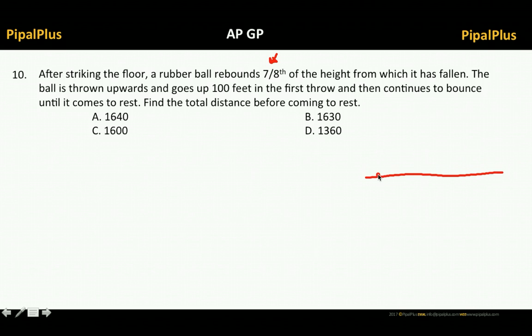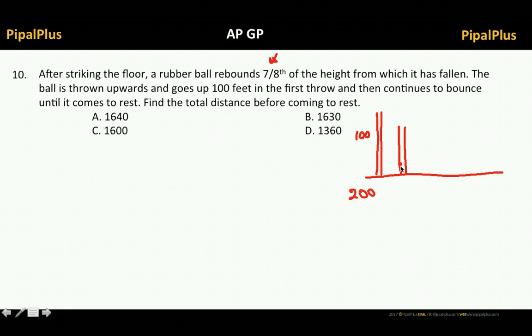So let's draw this to understand this a little bit better. Let's say the first time around this ball is thrown up, and it goes all the way 100 feet. Now it travels this 100 feet and then it comes down all the way 100 feet. So basically in its first throw up, the ball has covered 200 feet. Now because it has fallen by 100 feet and it bounces back up, it bounces back up to 7 by 8 of its previous height, which is 100, and it comes back down again the same distance.